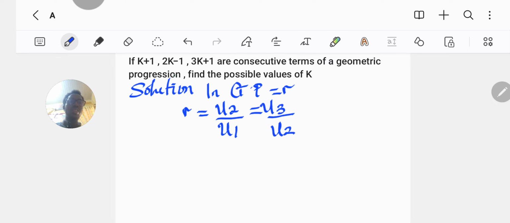Now, our first term here is k plus 1, our second term is 2k minus 1, and our third term is 3k plus 1. So let's see how we can proceed in solving this question. So u2 over u1, that is 2k minus 1 over k plus 1, is equal to 3k plus 1 all divided by 2k minus 1.